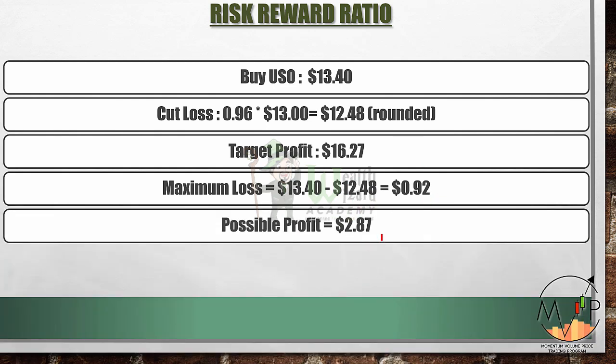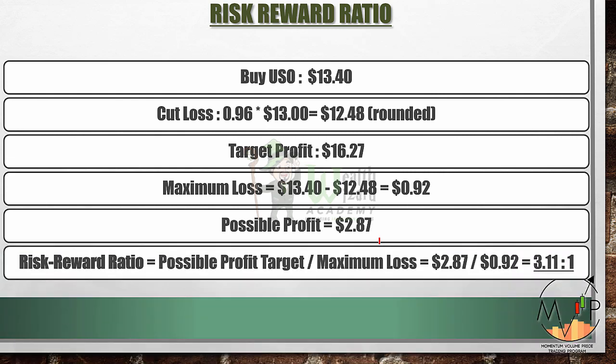Possible profit of $2.87, which is the target profit minus the buy price. And we have our risk reward ratio, which is possible profit divided by maximum loss, 2.87 to 0.92. That gives a very nice 3.1 to 1 risk reward ratio.